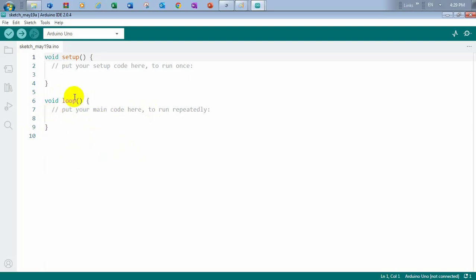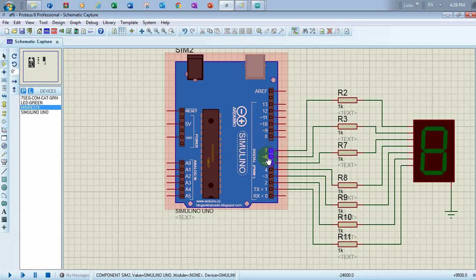Okay, so in this function, how do we configure this pin to be output?